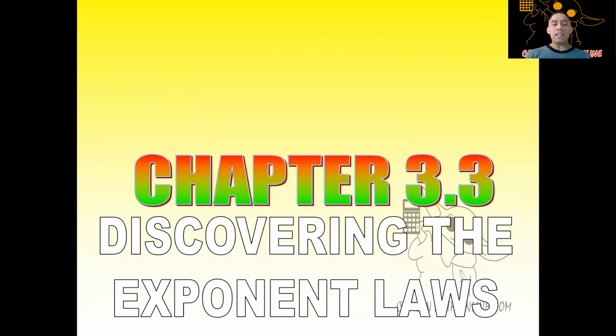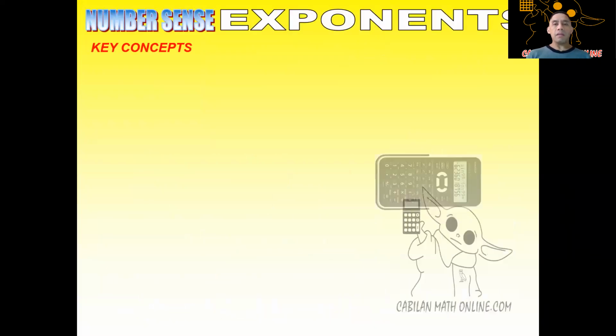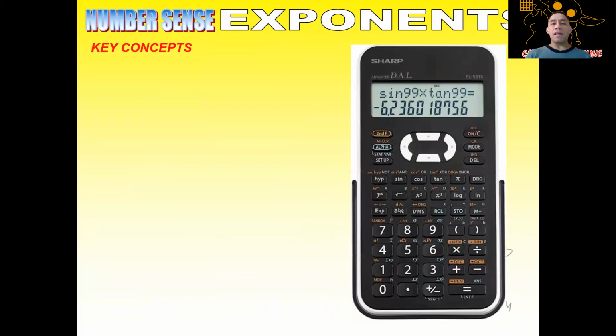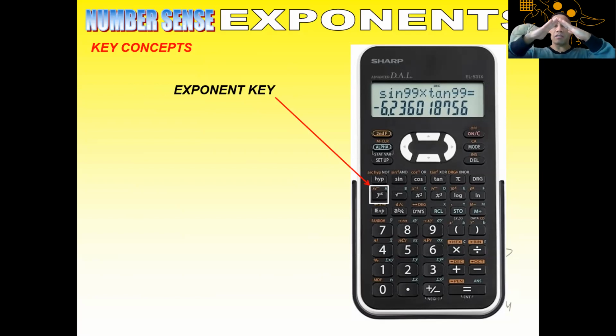When we're looking at the exponent laws, the first thing we need to do is take a look at the calculator that you have in front of you. For some of you that have a different model, just make sure that you know where these keys are. The first key is the exponent key. In some calculators, this may be expressed as x exponent y, and in some calculators, you'll have a little hat that looks like this.